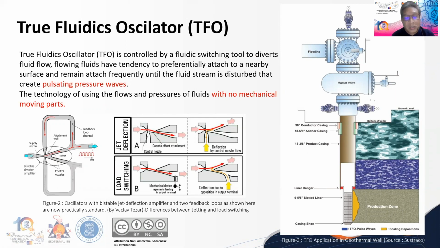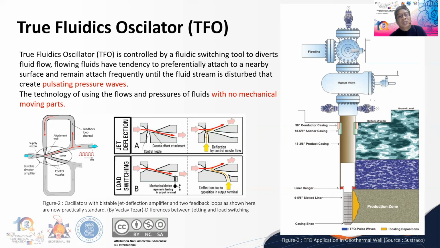In this presentation, we would like to introduce one solution system to remove scale located behind the slotted liner or near wellbore. The system is called TFO, True Fluidic Oscillator. Actually, the TFO system has been used for many years in oil and gas well applications, but is not common in geothermal well applications.